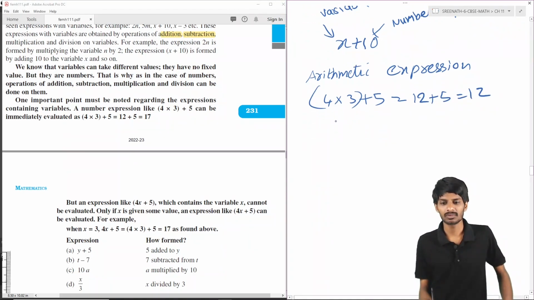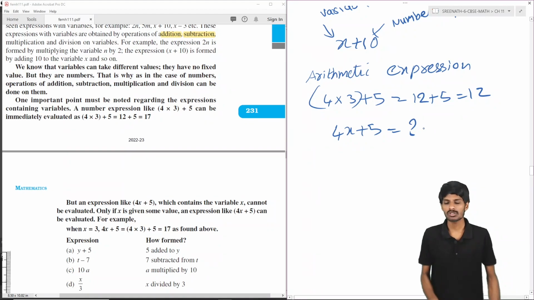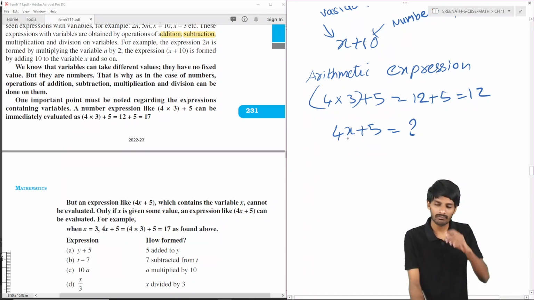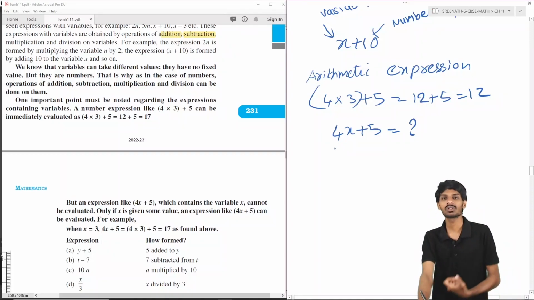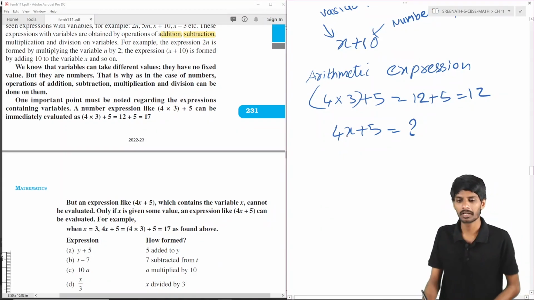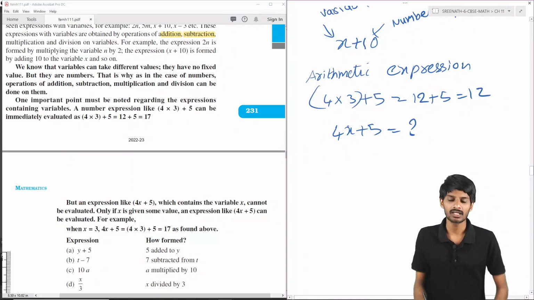But if you have an expression like 4x plus 5, we can't evaluate it immediately. Why? Because there is a variable, and we don't know the value of that variable. It is the unknown quantity. It may take any numerical value. Whenever you find that numerical value, then you can simplify it.